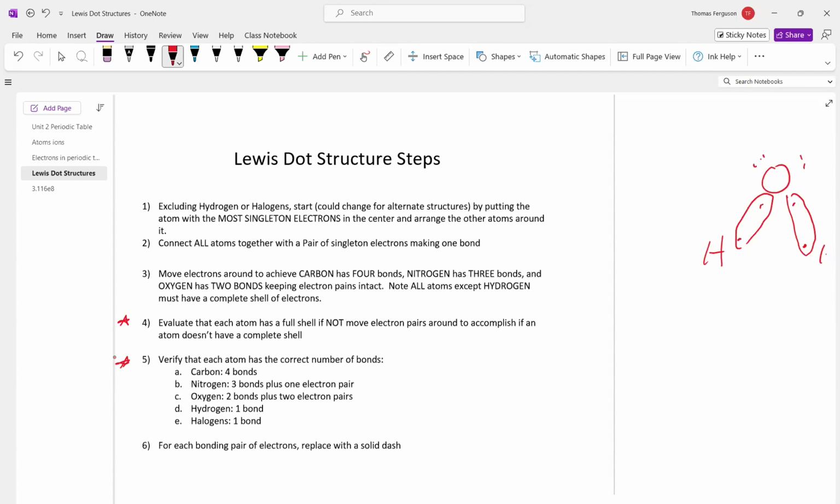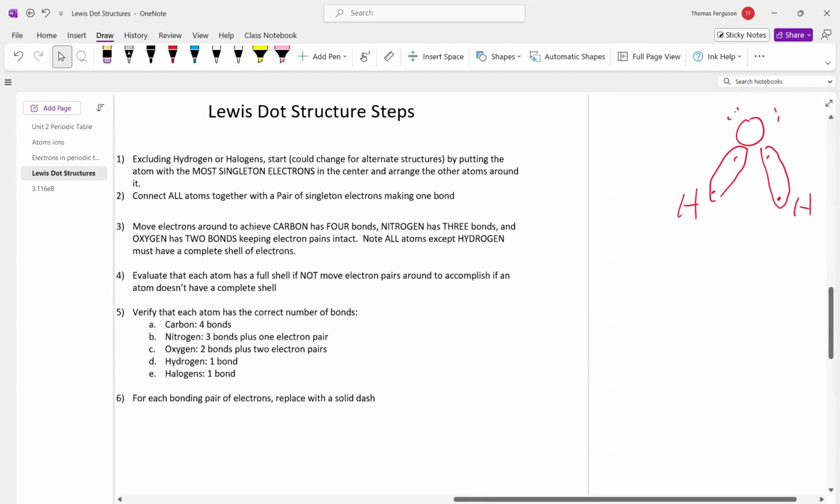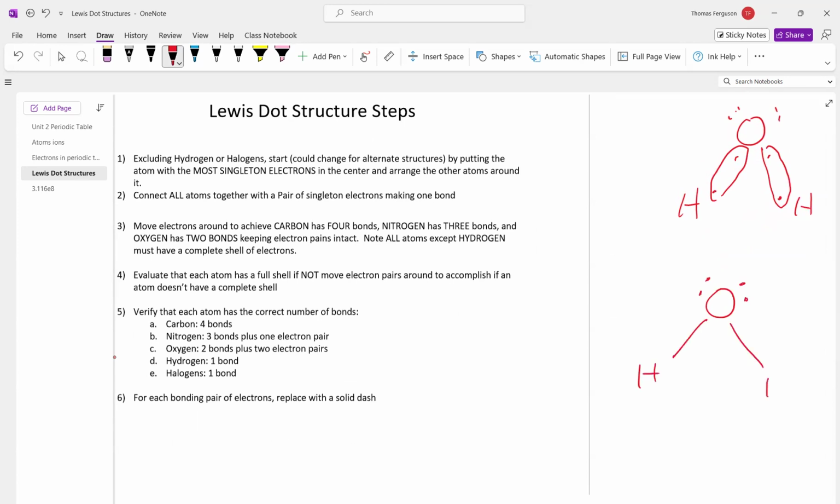Okay, so it says replace each bonding pair of electrons with a solid dash. So what you do is you rewrite your structure. Notice I left the pairs on the oxygen. It's extremely important.